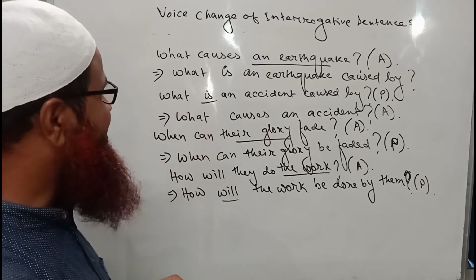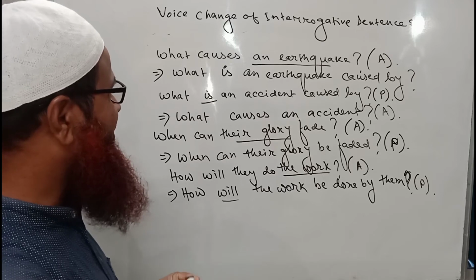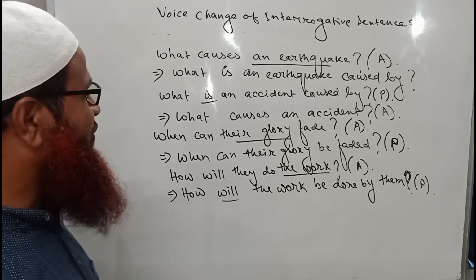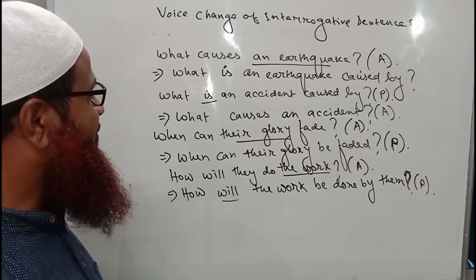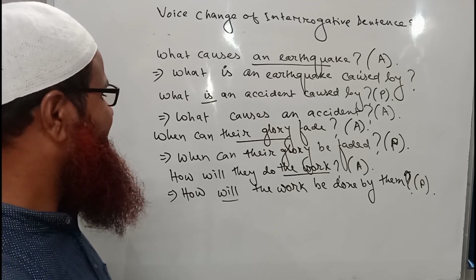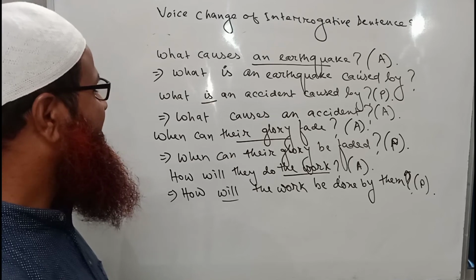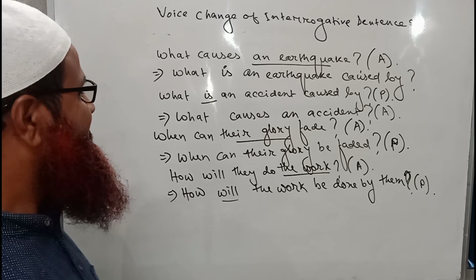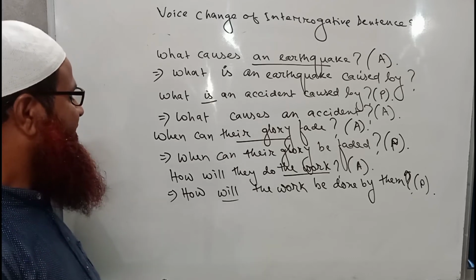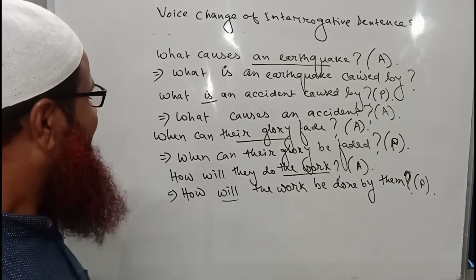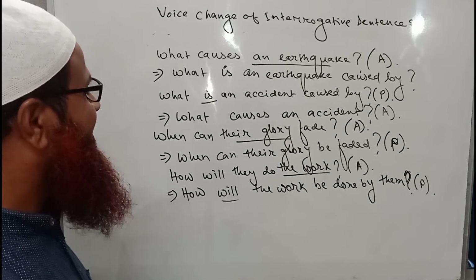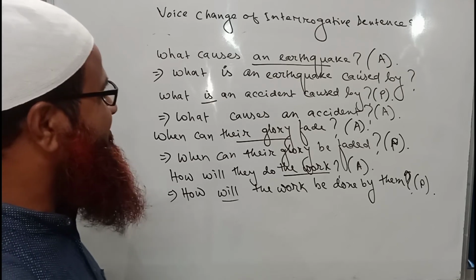What is an earthquake caused by? What is an accident caused by? What causes an accident? When can their glory fade? When can their glory be faded? Then how will they do the work? How will the work be done by them?